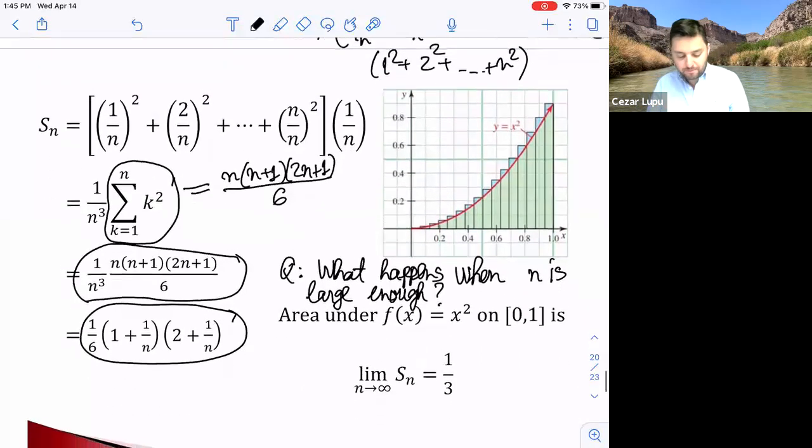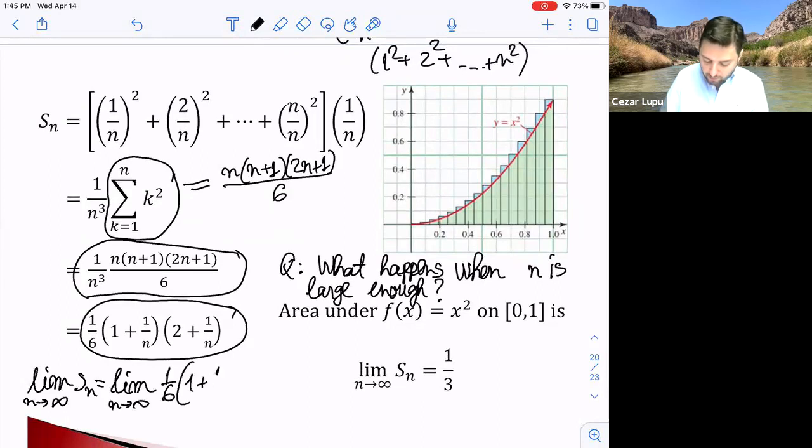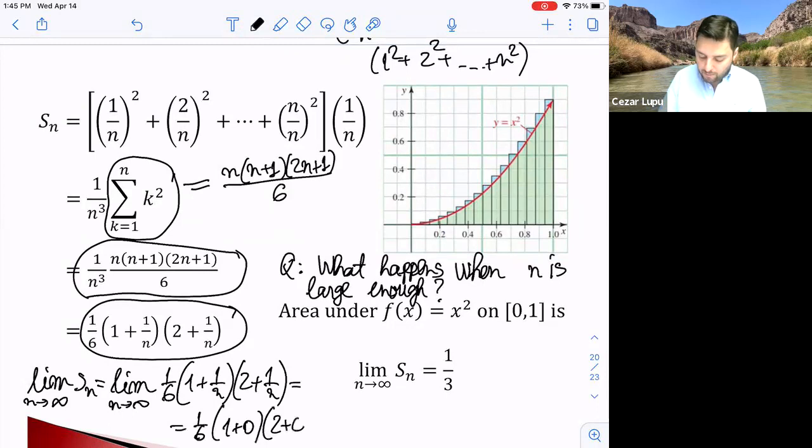So the limit will be 1 over 6 times 1 plus 0 times 2 plus 0. So in other words, the limit as n approaches infinity of Sn will be the limit as n approaches infinity of 1 over 6 times 1 plus 1 over n times 2 plus 1 over n, which will be 1 over 6 times 1 plus 0 times 2 plus 0.